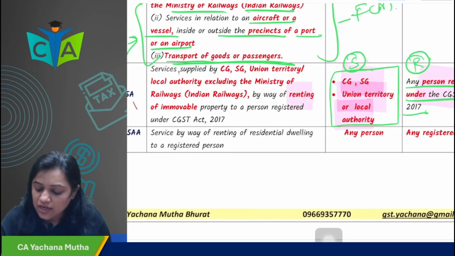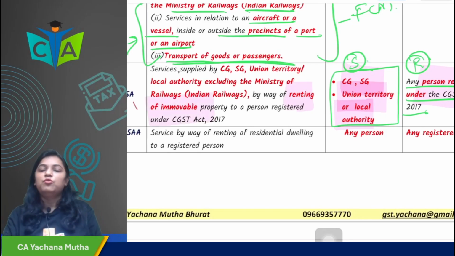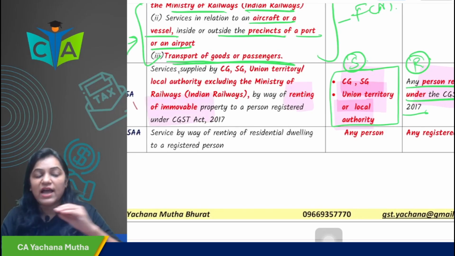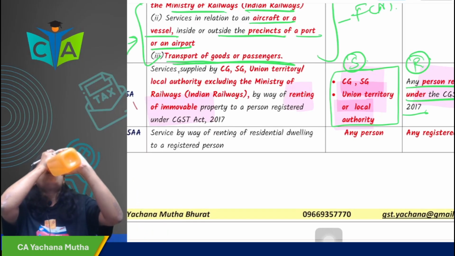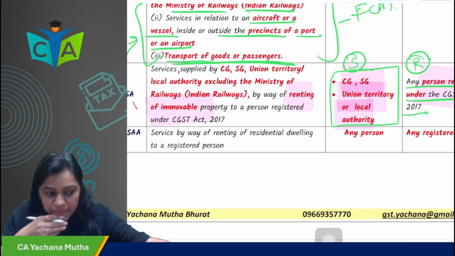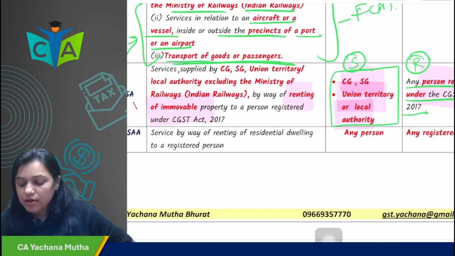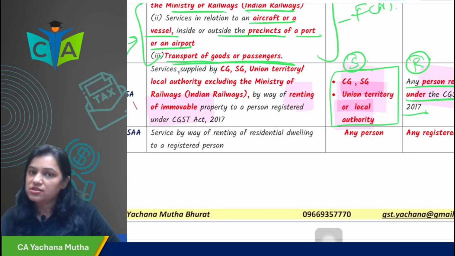And what is the service? Renting of immovable property. In that case, tax will be discharged by the registered person. Registered person will discharge tax under reverse charge.